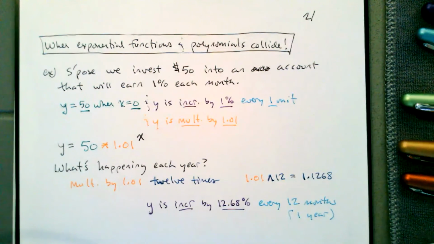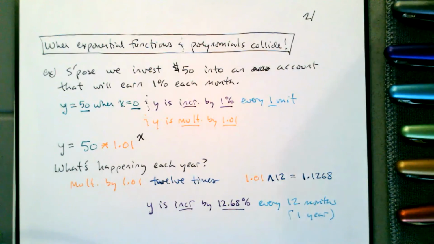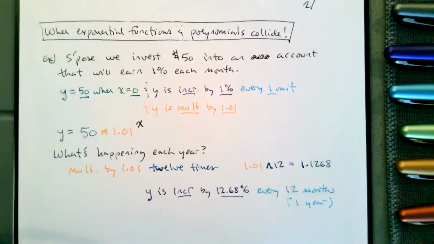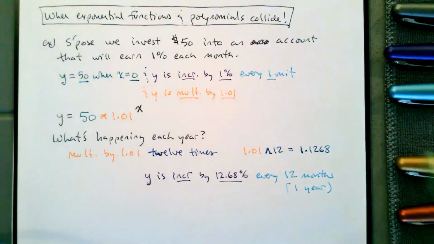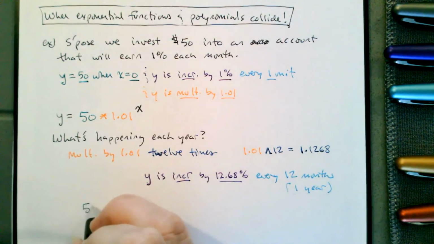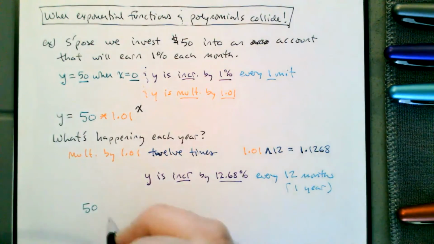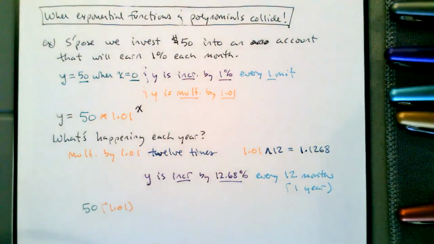So it's a little more than just 12% because the 1% happens after the first month. So now we have a little bit more going into the second month. So 1% of $50 is not the same as 1% of $50 plus another 1% of $50. So if y is equal to the amount of money that we have, it would be 50 times 1.01 to the 12th power.